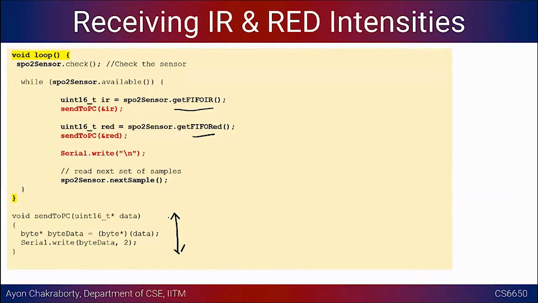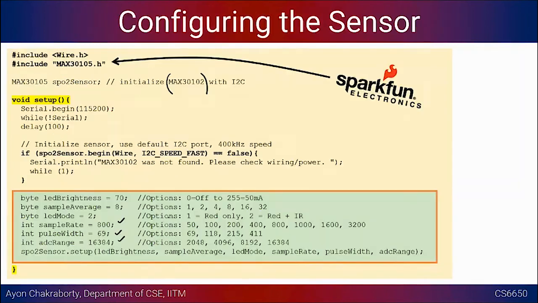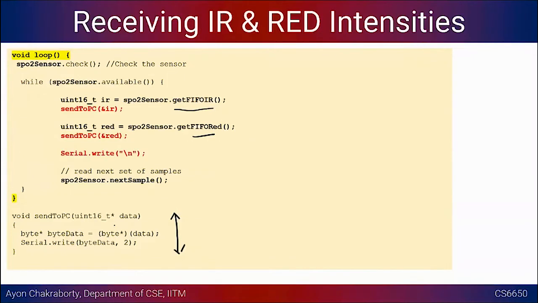So I have chosen the ADC range. If you see, this is 2 bytes, so 16 bits. What we are basically sending is this 2 bytes of data, UINT16.